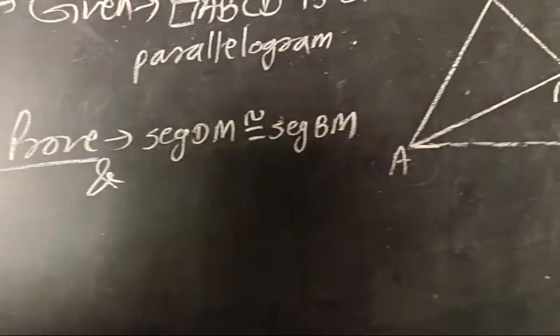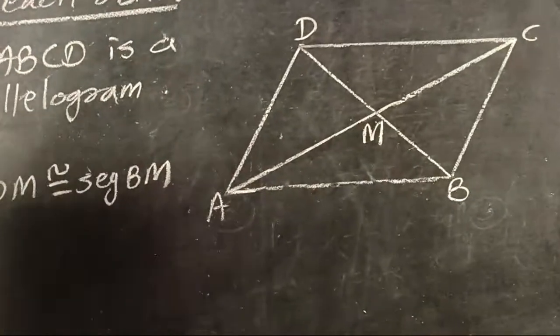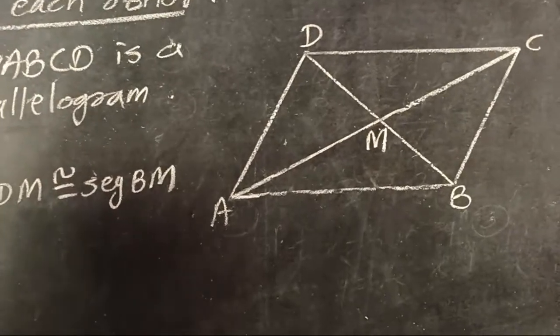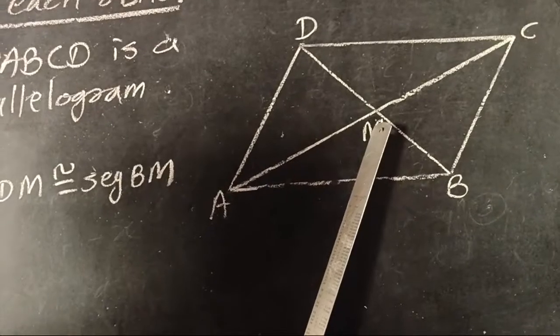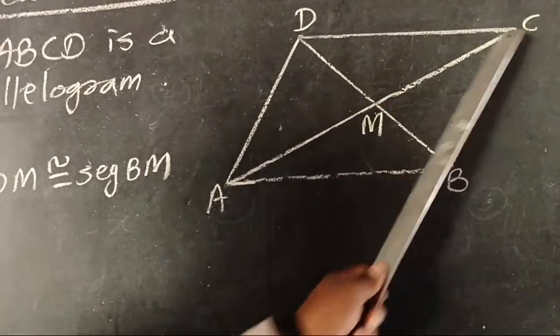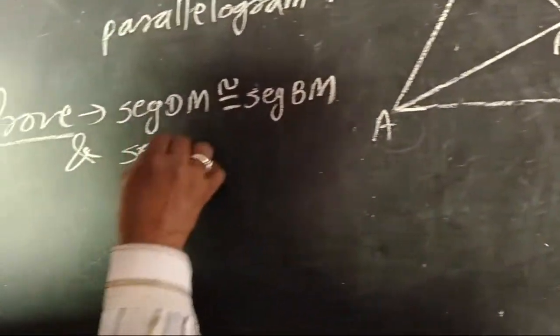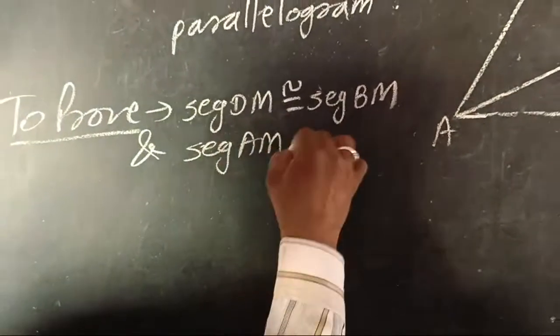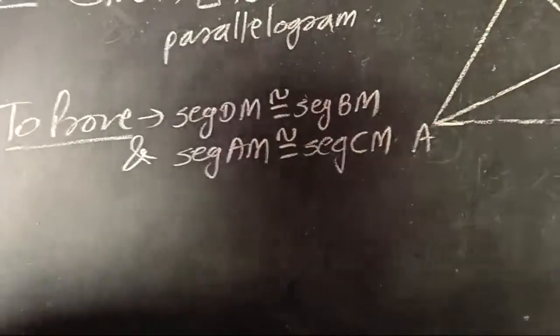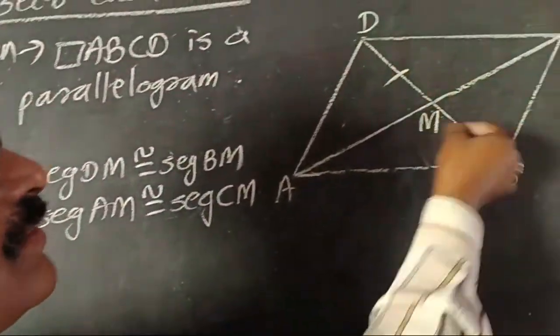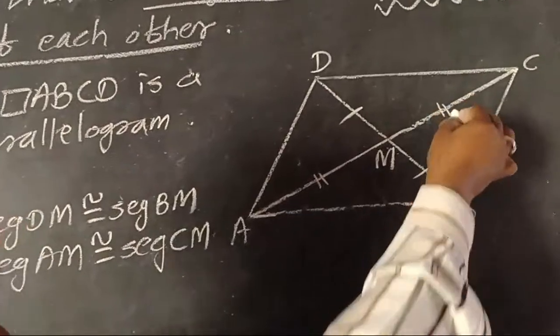And the other diagonal's parts are congruent: segment AM is congruent to segment CM. These parts we show congruent.